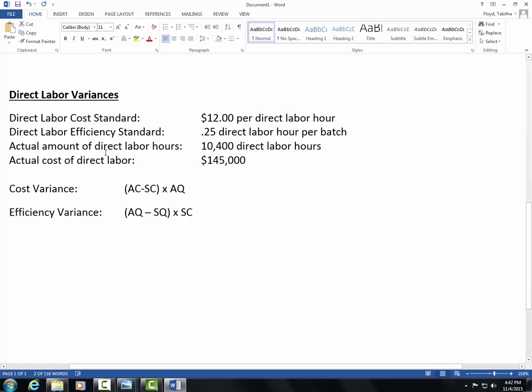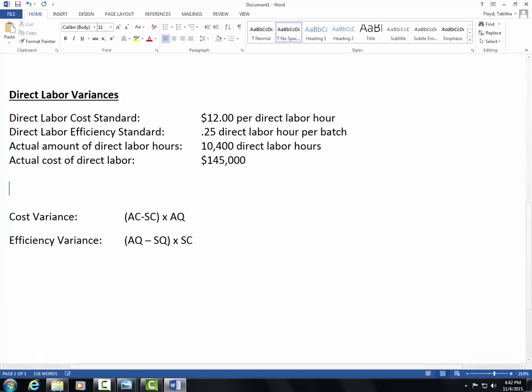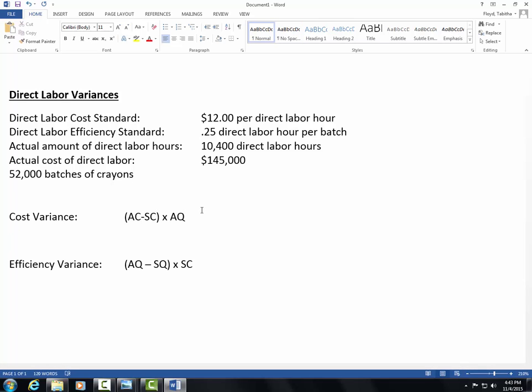Our actual amount of direct labor hours that we used was 10,400 direct labor hours, and our actual cost of direct labor was 145,000. And this was to make 52,000 batches of crayons. All right, so we've got to determine our cost variance and our efficiency variance.